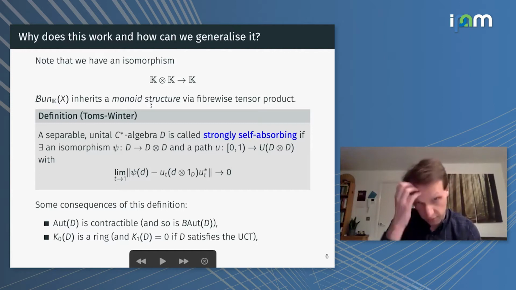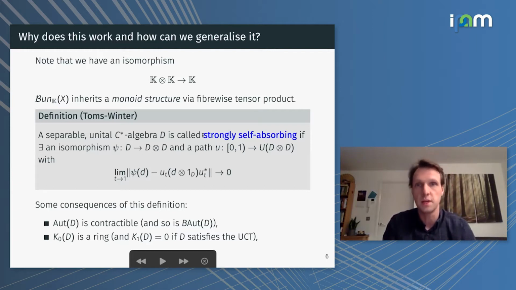We've seen them already in this workshop. They're the so-called strongly self-absorbing C-star algebras, which have a similar behavior. A C-star algebra D is called strongly self-absorbing if, first of all, you have an isomorphism from D to D tensor D, and this isomorphism behaves very nicely, namely it's asymptotically unitarily equivalent to the left tensor factor embedding.